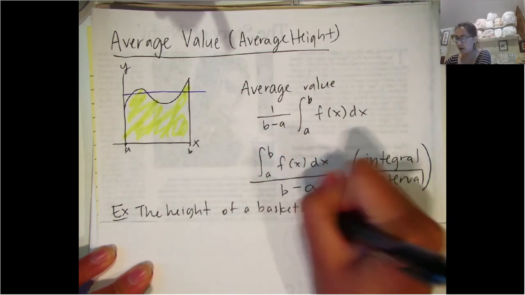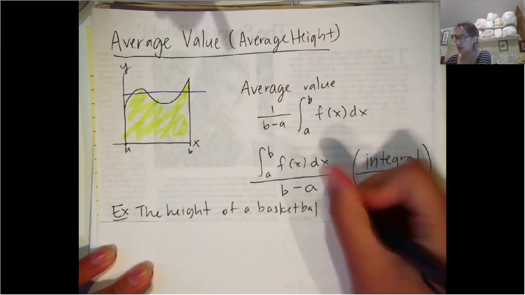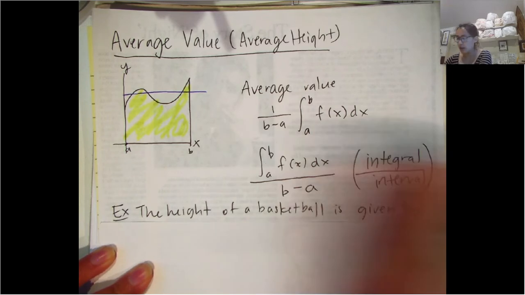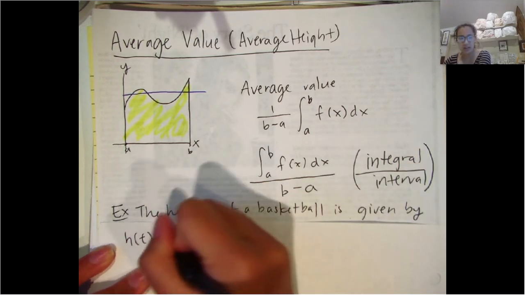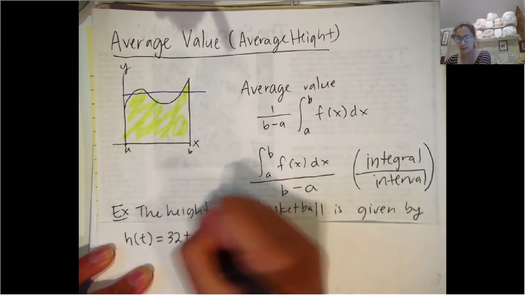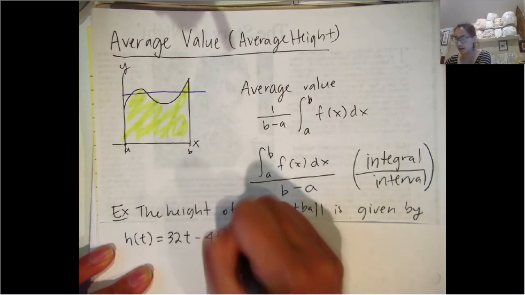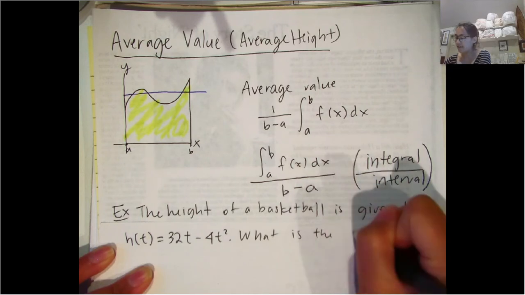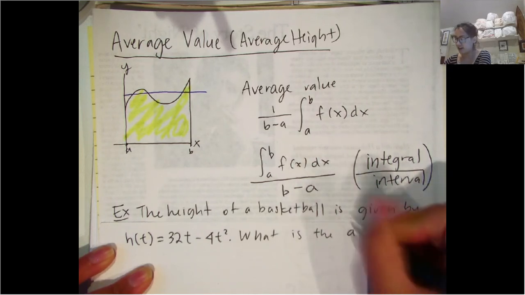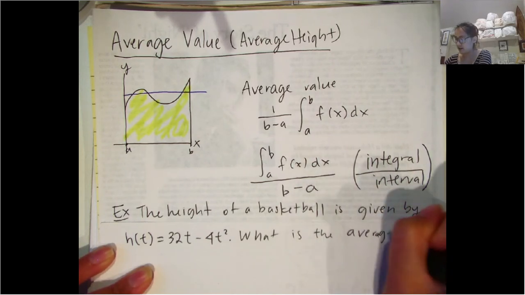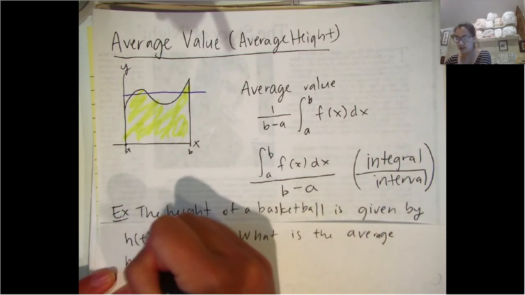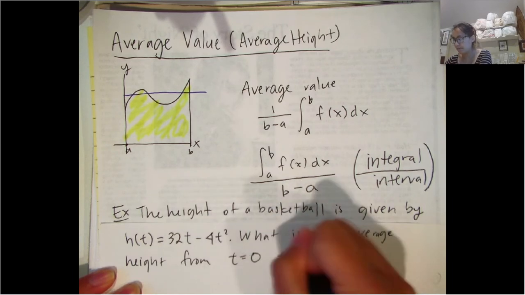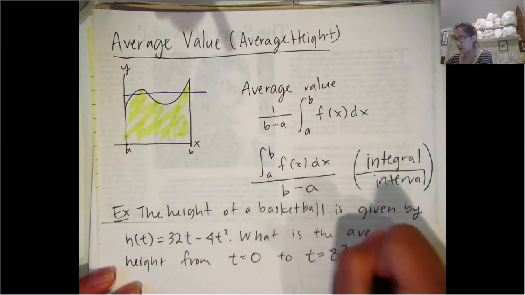The height of a basketball is given by h of t equals 32t minus 4t squared. What is the average height from t equals 0 to t equals 8?